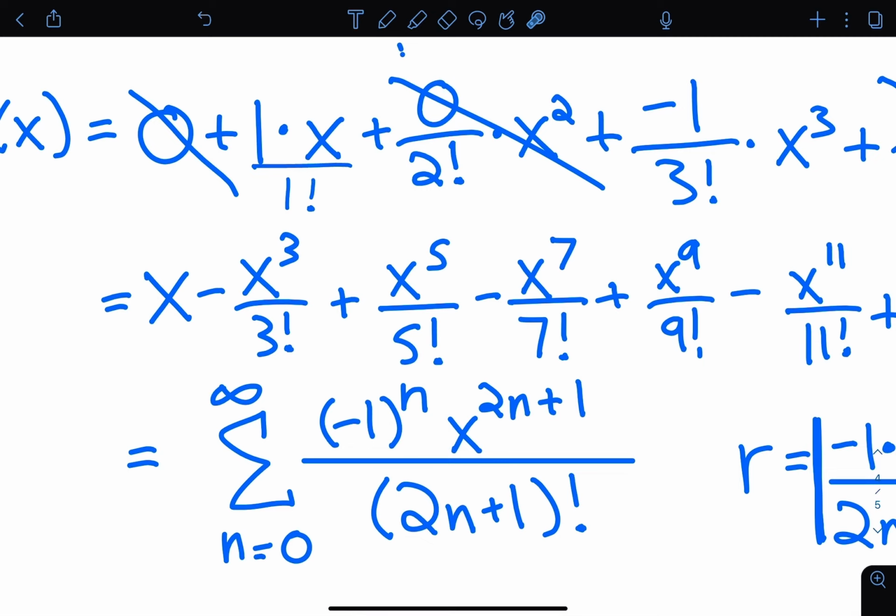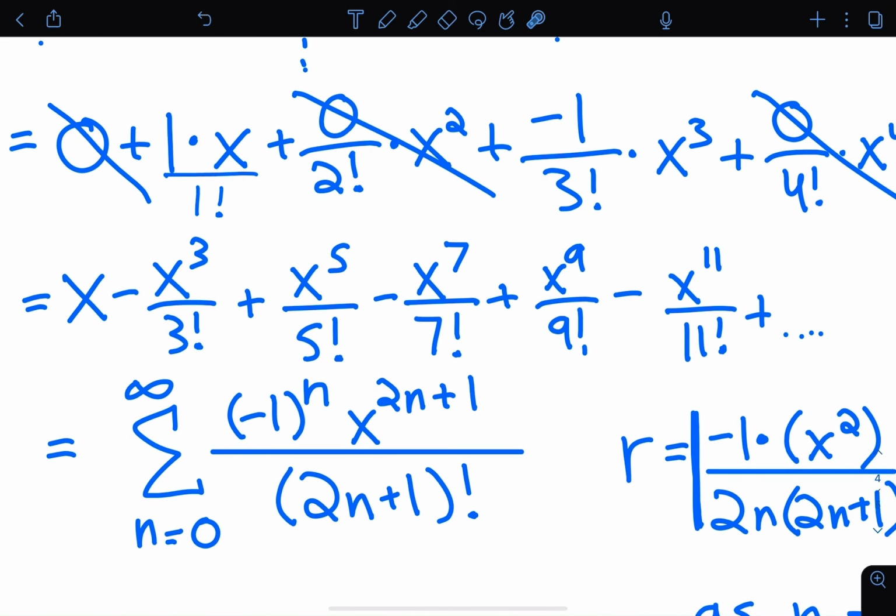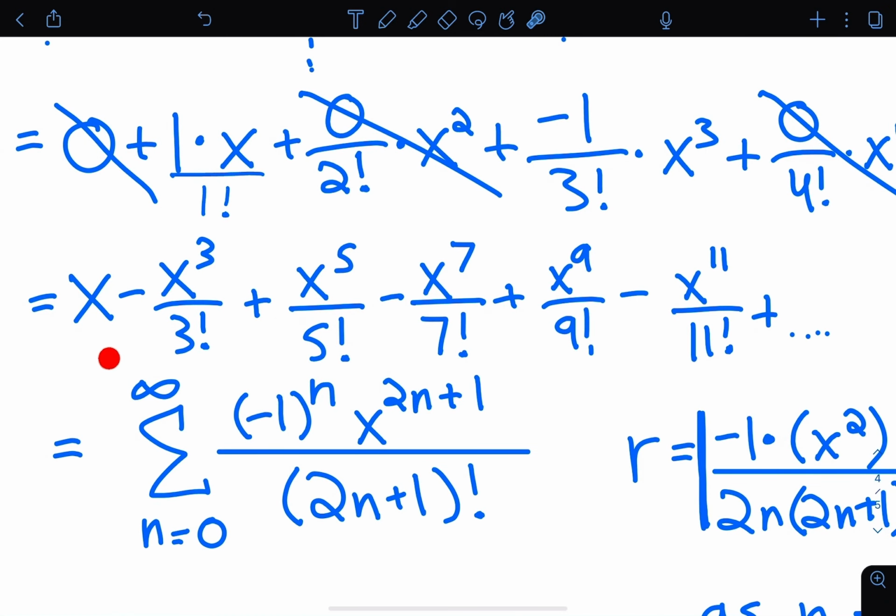Okay. So all of these are geometric. What am I multiplying? I'm multiplying each term by -1. I'm also multiplying by an x squared, and I'm also multiplying by, and this part gets a little weird, if I have 1 factorial to 3 factorial, I'm multiplying by the 2 and the 3 factorial, which are the next two terms.